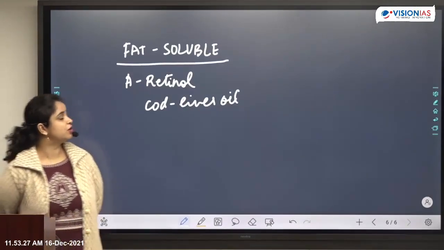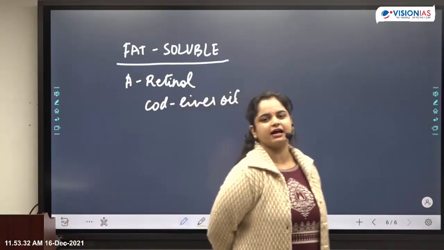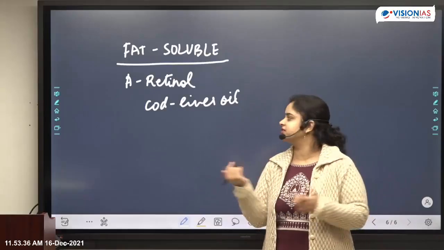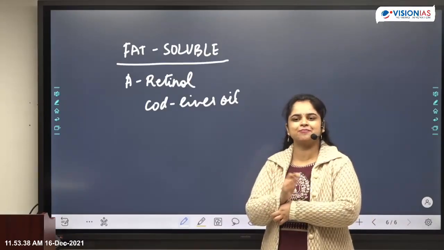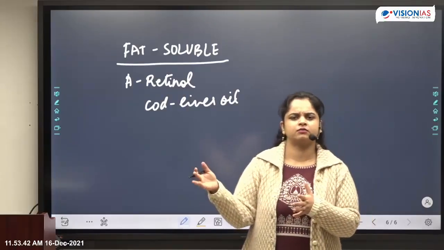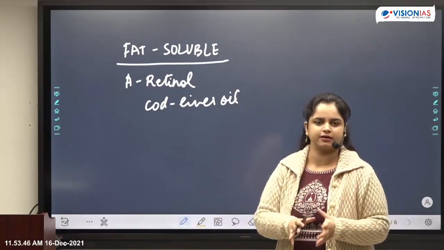So the function of vitamin A is mainly around the skin and eyes. These are the two places. So once it is less in the body, the impact will mainly be seen. Of course, there can be other things also which are happening, but most of the impact we will see on the eyes and the skin.